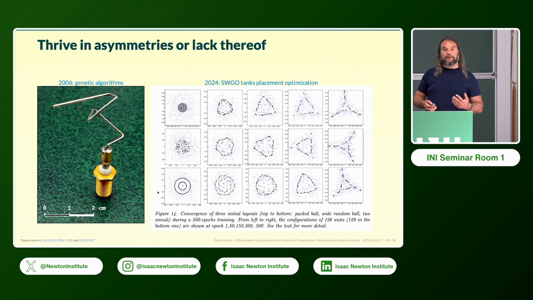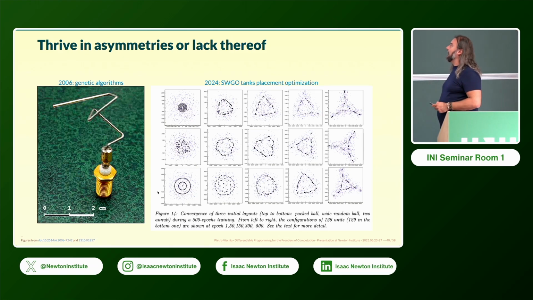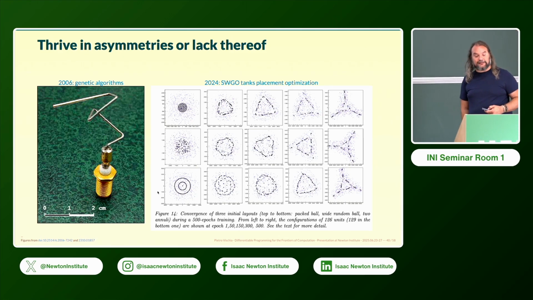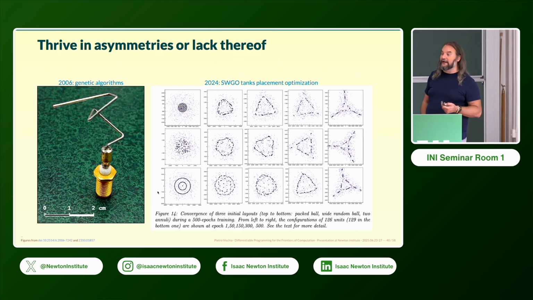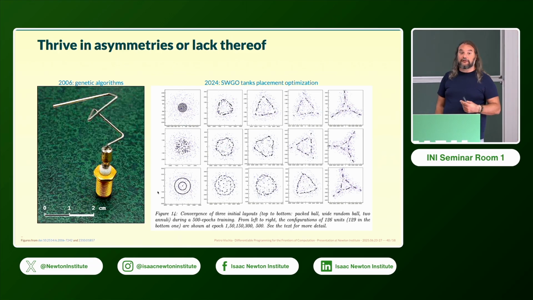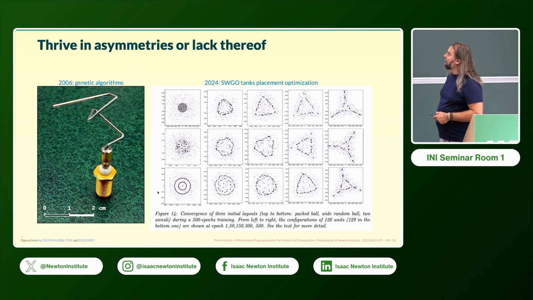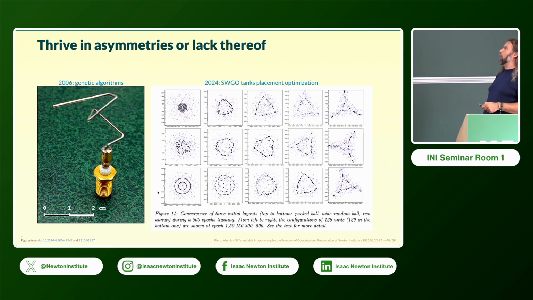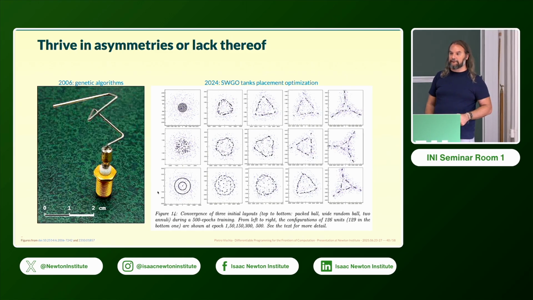The cool thing about these methods is that they are maximally useful when you have something that is not symmetric. So in 2006, people used a genetic algorithm to find the best antenna design, and they still don't know why this is the best antenna design.